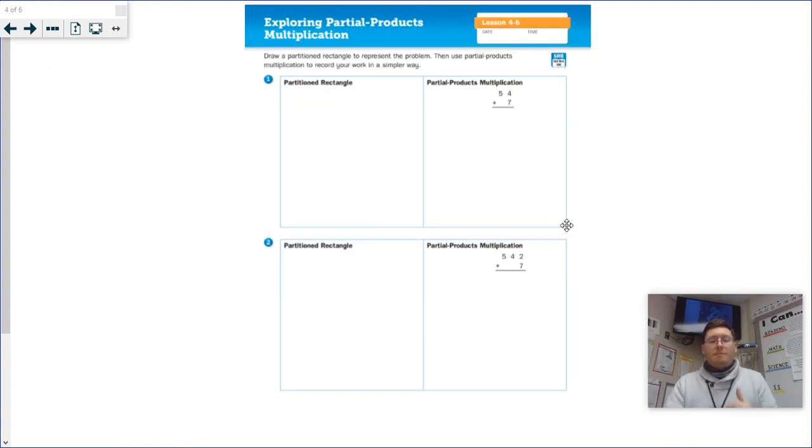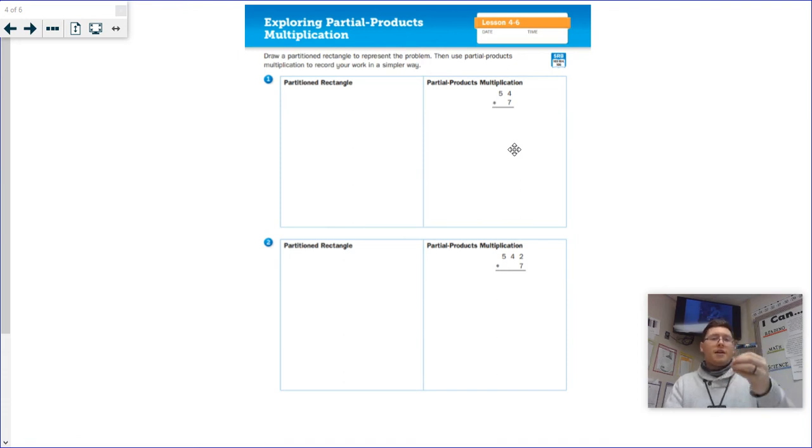So the next page in your workbook, I believe this is page 120. 120 and 121 are very similar to each other, where you have to find the partition rectangle, do the math for that, and the partial products multiplication, and do the math for that one. You've got to practice this.